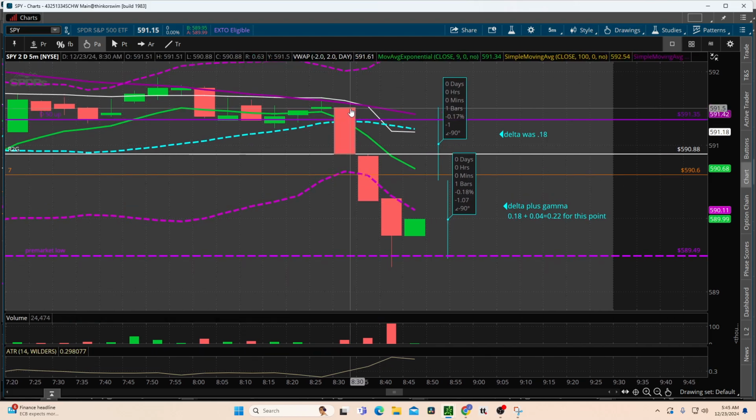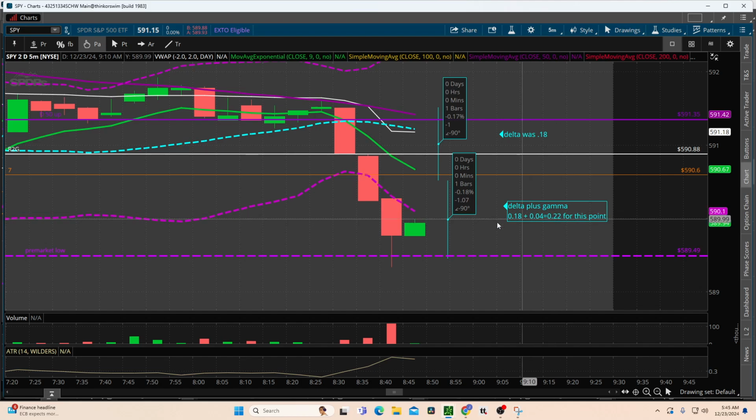First point down, if you got in from here, is going to be 18 cents. You're going to make $18 per contract on 1 point move of SPY. From the second point, you're going to make 22 cents, so 4 cents more.